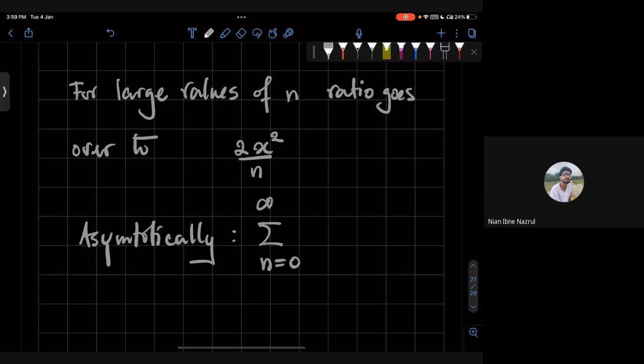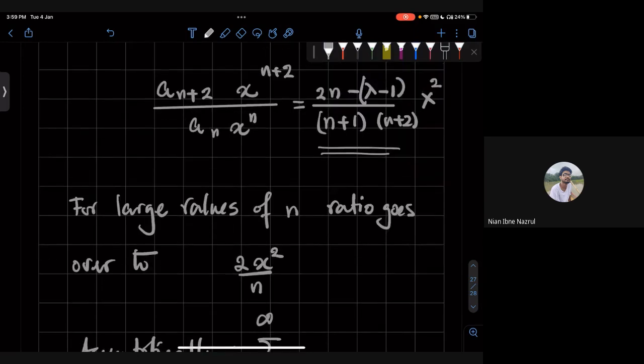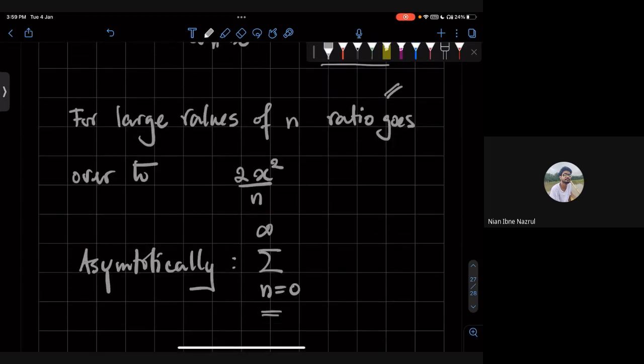So although I'm putting n equals 0 here, what I'm saying is that the series that I'm going to write down is what this series looks like asymptotically, okay? So this is a series where the ratio of each consecutive term is exactly what we are looking at. But this series is nothing but e to the power x squared.